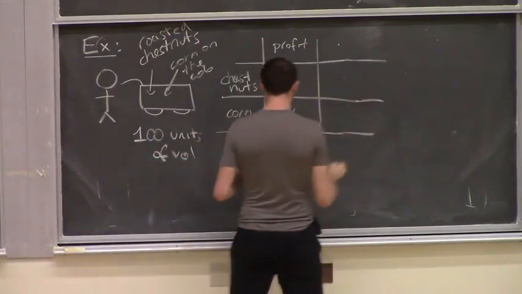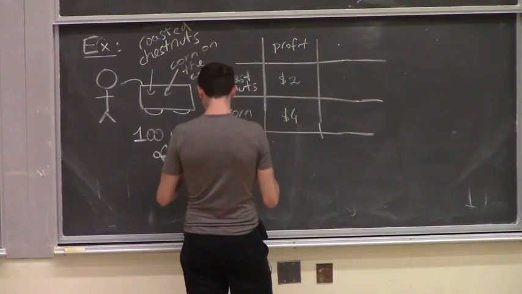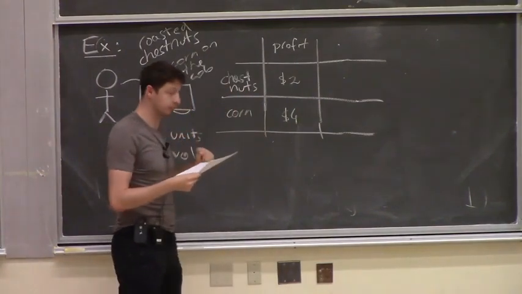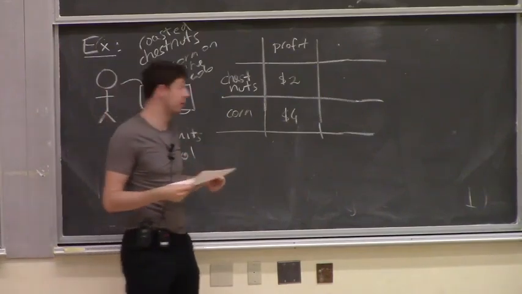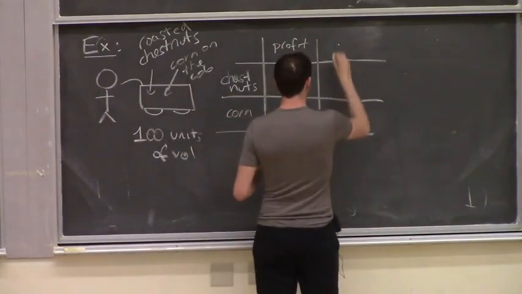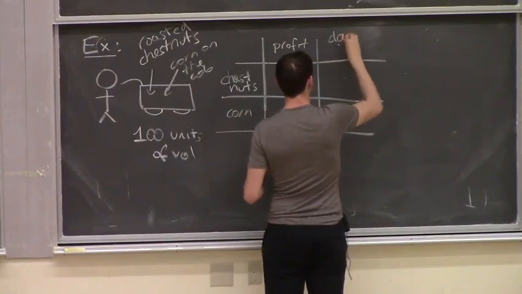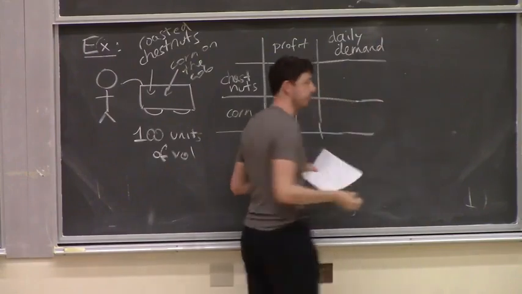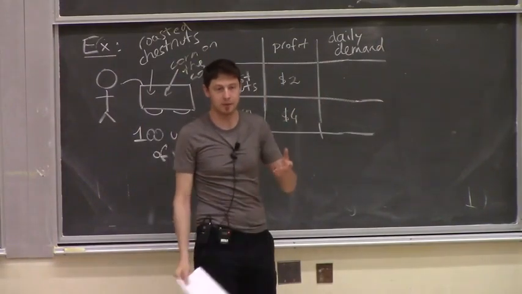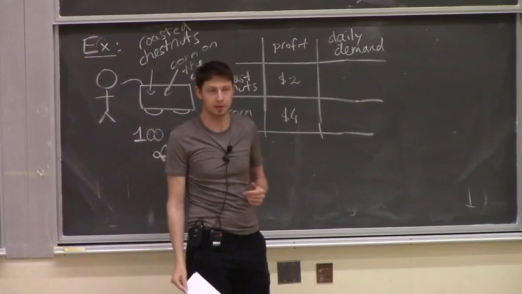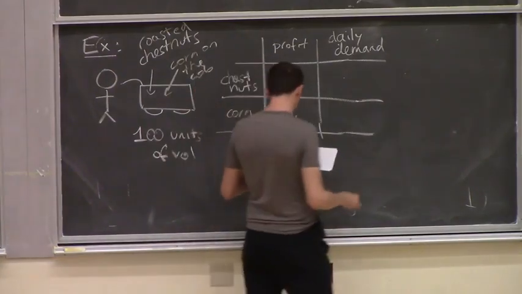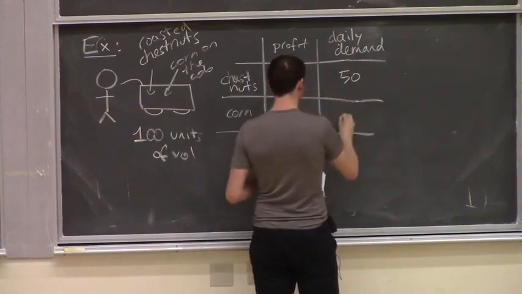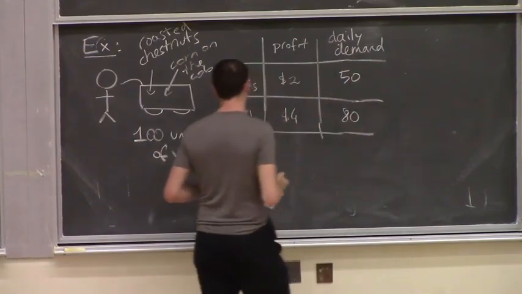Okay. But we also have some constraints. Maybe we know that corn is a lot more popular, right? So we have some daily demand that has been estimated from selling over the past few weeks, and maybe for the chestnuts it's going to be 50 boxes a day and 80 boxes of corn.